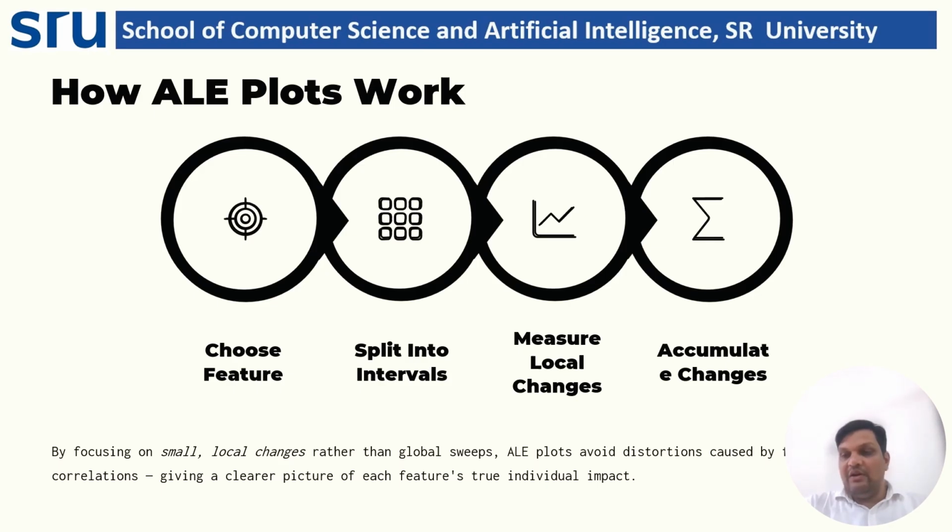It focuses on local change, not global assumptions. They divide data into intervals, measure small changes, and accumulate them. This avoids misleading interpretation and gives a more accurate picture of a feature's influence.